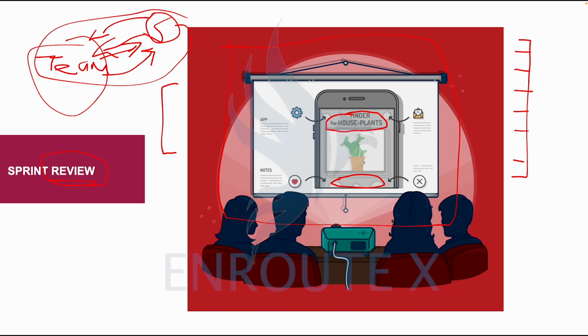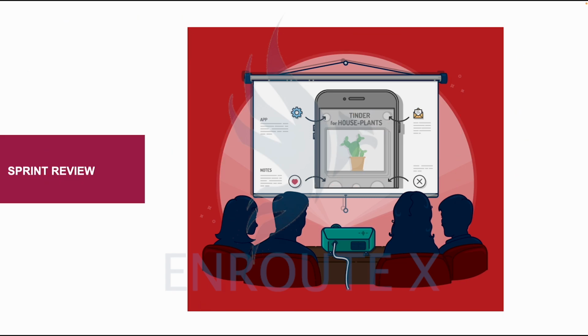So again, the best place to put the feedback from the stakeholder at sprint review is the product backlog, to be redeveloped into stories and reprioritized again.